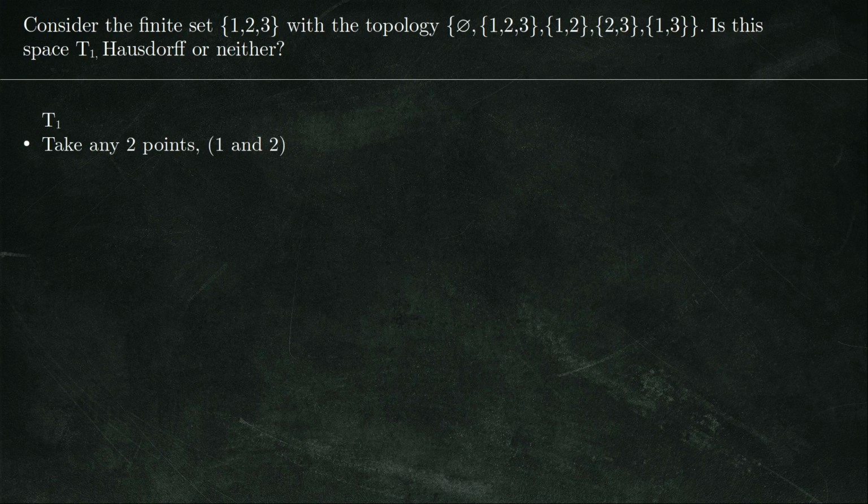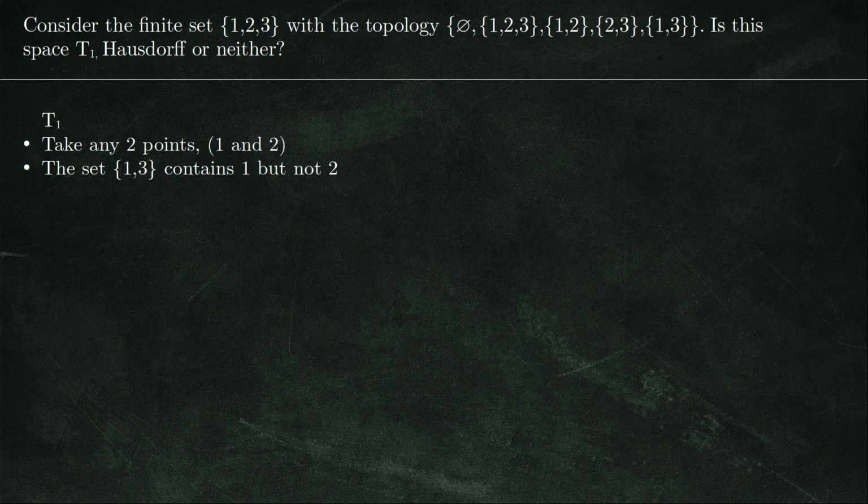For some topologies it might, but for this one it doesn't. The set 1, 3 contains 1, but not 2. So we found an open set containing 1, not containing 2. Similarly, we could find the set 2, 3 for the point 2. Now we've shown it's at least T1.